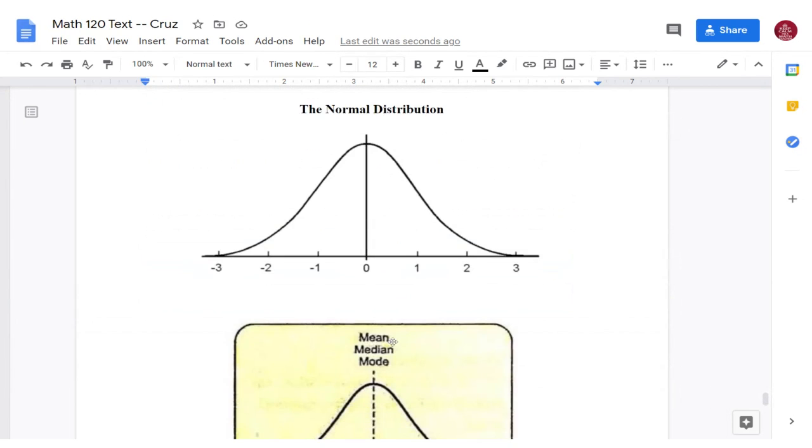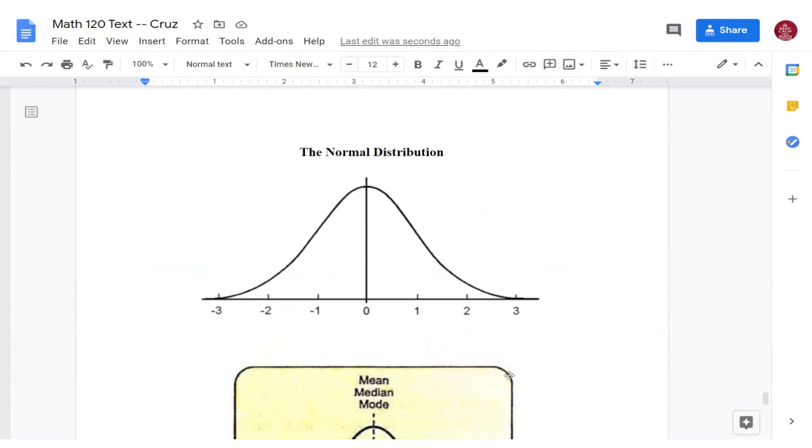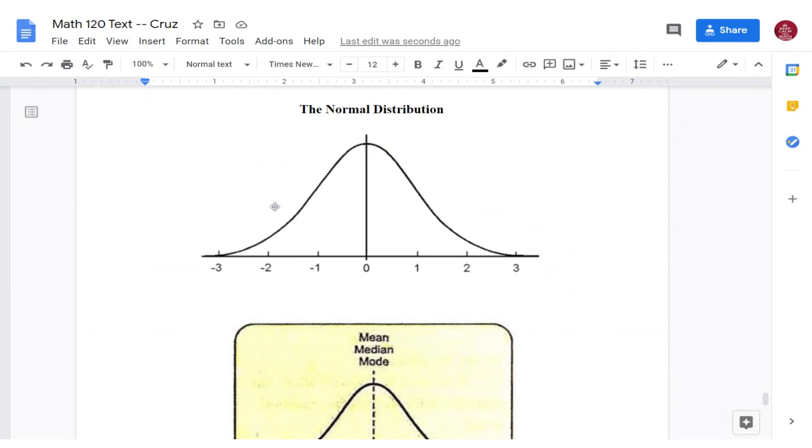All right, so I think I told you last time that the mean, median, and the mode being the measures of central tendency, if they're all three the same or very close to being the same, that's usually what we call normally distributed data. So it has this shape here. And as I said, for the most part, standard deviations are between -3 and 3. They can get larger, but they're very, very rare.